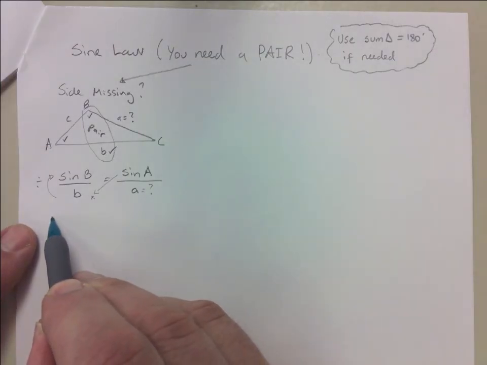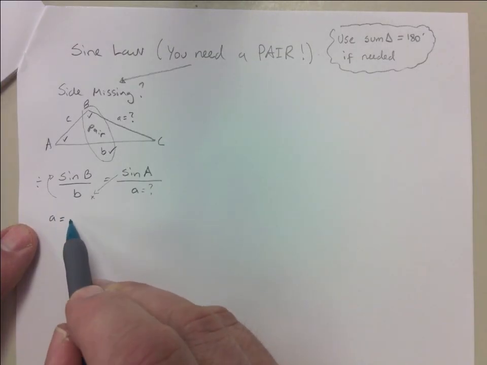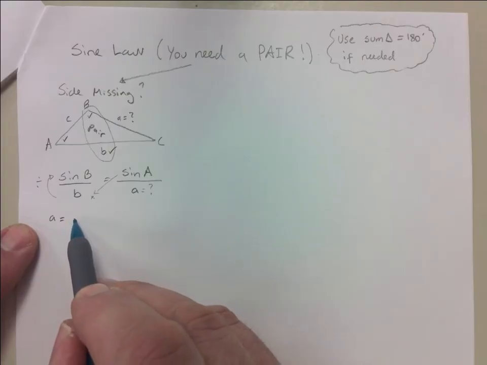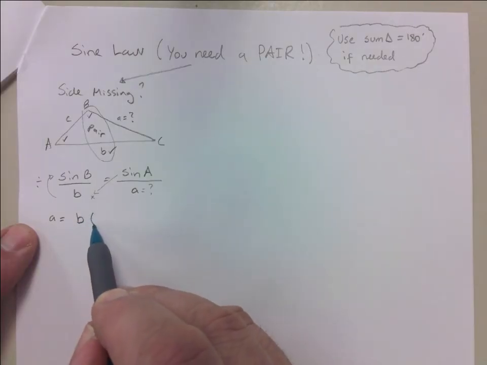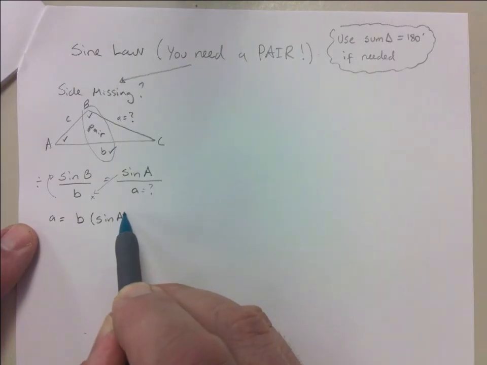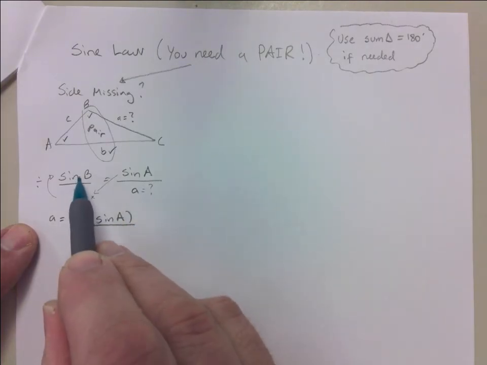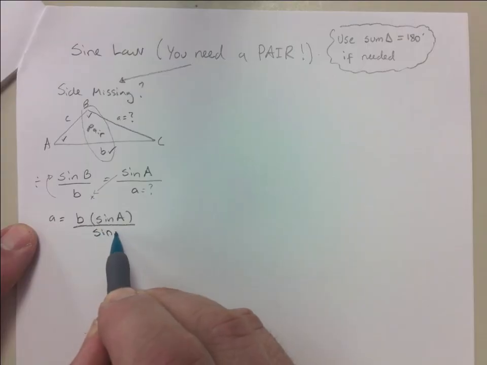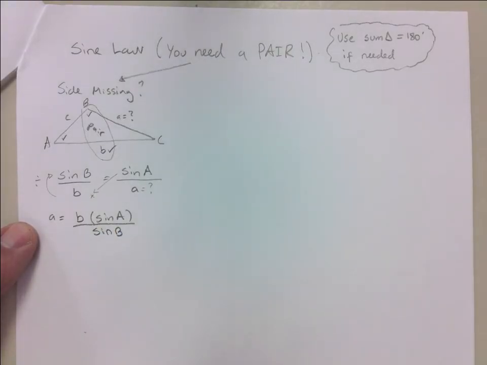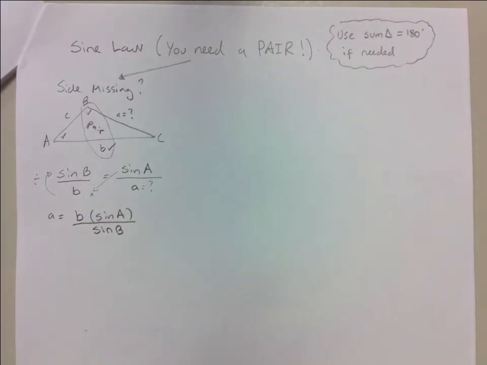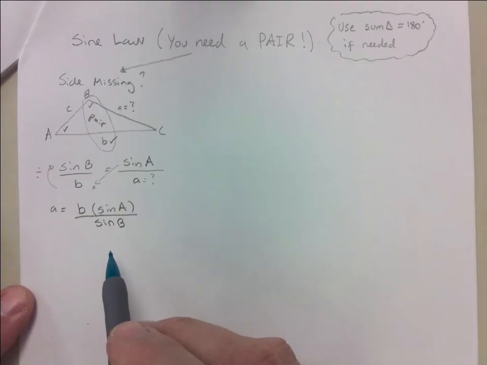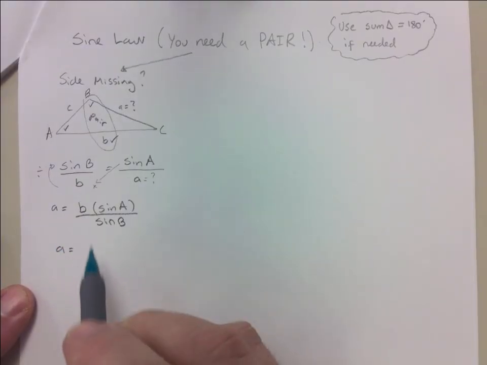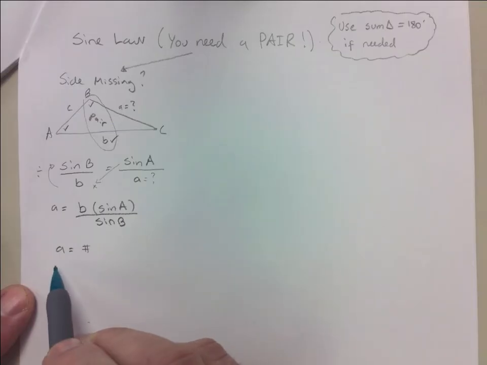If you want to do an example with numbers, if space allows, you do that. So you essentially go B times whatever sine of A gives you, divided by sine of B. And then A is done. You're going to get a number, you're done.